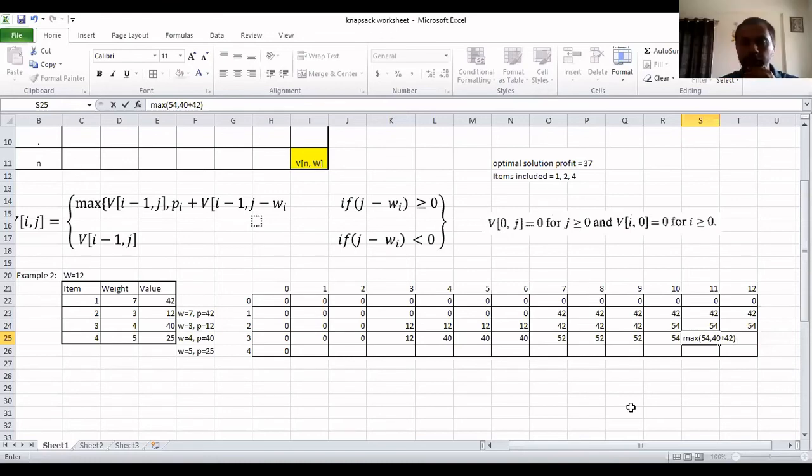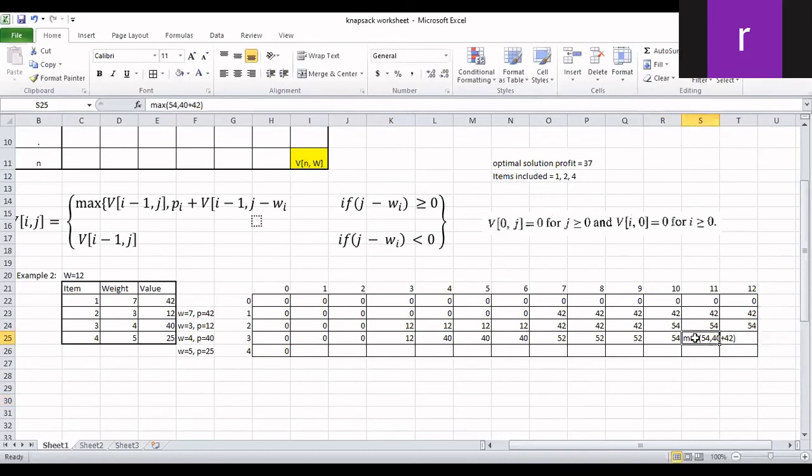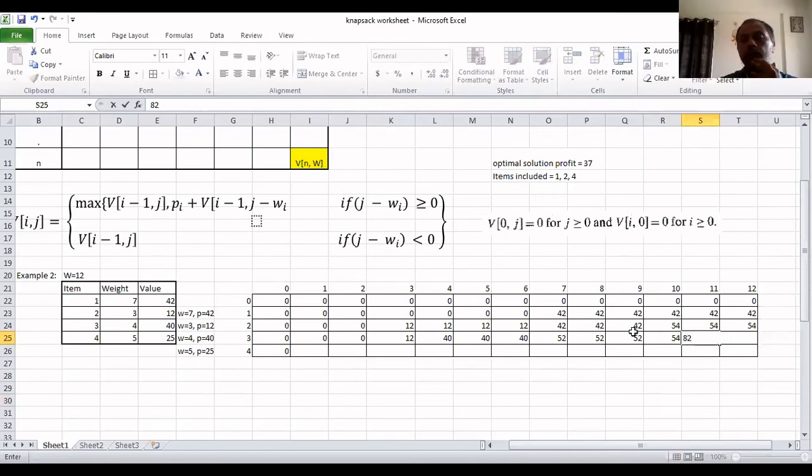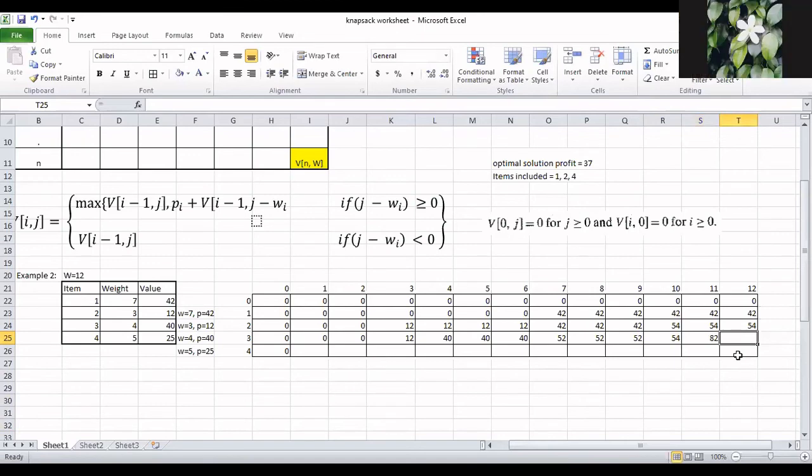How much profit do we get? 82. So 82 means we are including item 1 and item 3. The combination is item 1 and item 3. How about the next one? 82. Hope you're solving this comfortably.